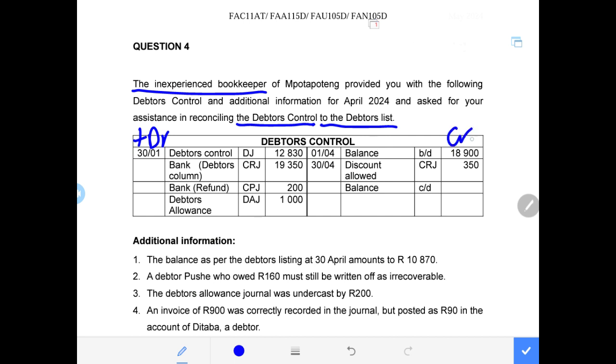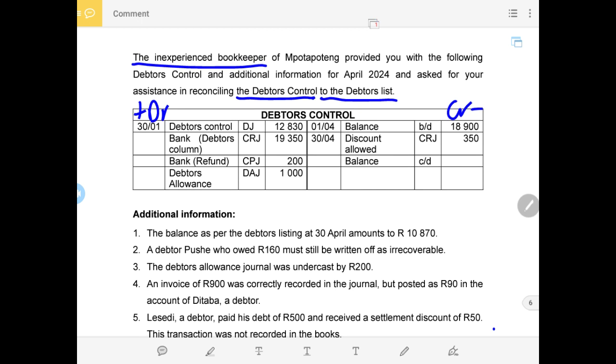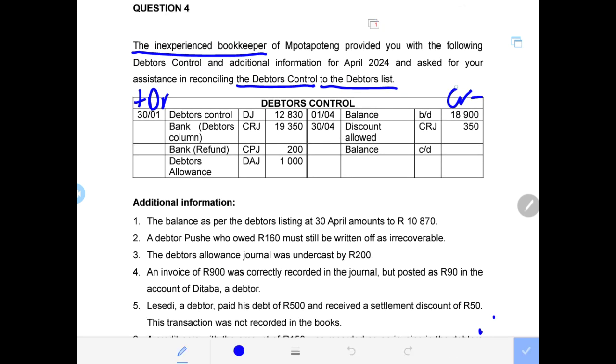Whenever we receive a payment, or there is a refund, or there is an allowance or a discount where the customer returns inventory, or there's a discount allowed, that will be affecting our debtors control on the credit side when a discount is given and when a return has been accepted. Then we have to analyze what we are provided, and after that, we take it further from there.